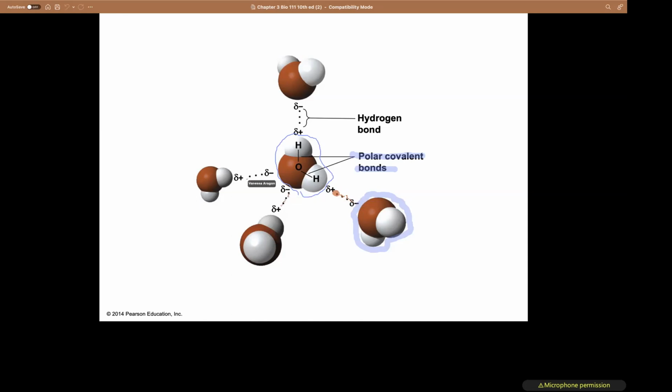These hydrogen bonds easily break and reform, and break and reform, so they are considered weak bonds. The polar covalent bonds are strong. So these are the weakest bonds, and the covalent bonds are strongest. If you recall, in the last chapter, we talked about triple being the strongest, then double, then single. So check out that order.